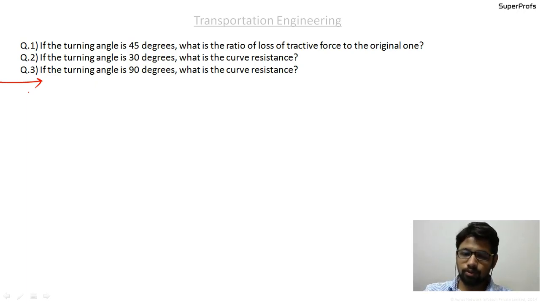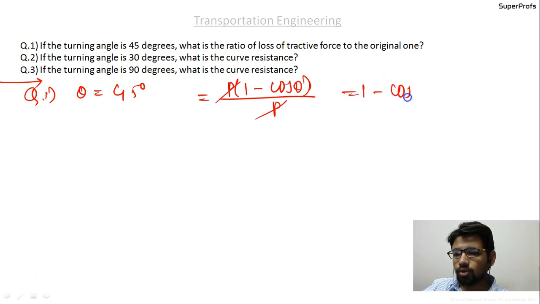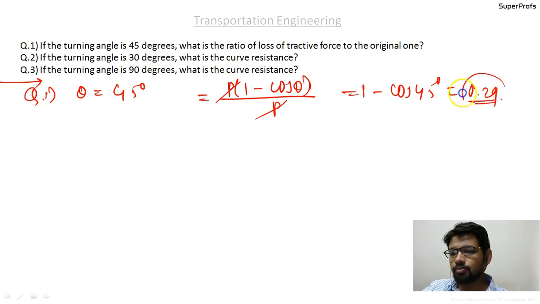The loss of tractive force, that is the curve resistance, is given by P in bracket 1 minus cos theta, and the original force is P. So 1 minus cos 45, whatever the answer comes is the ratio, that is 0.29.